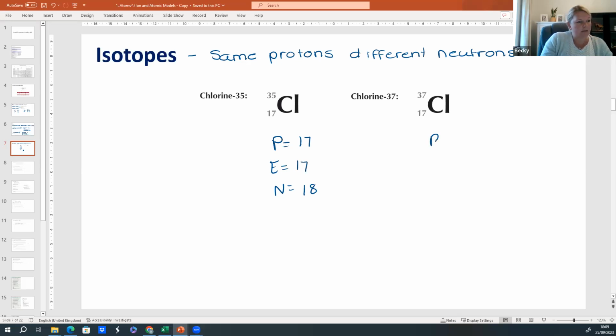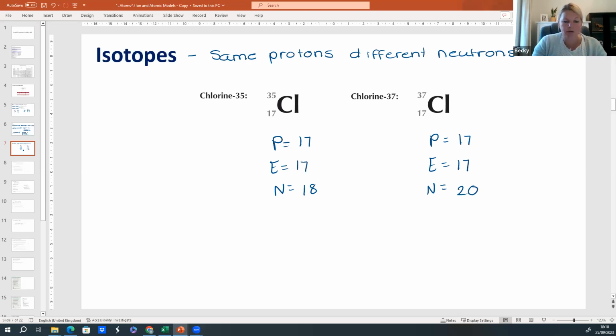And if we repeat the same process, still got 17 protons, 17 electrons. So our element doesn't change because we've got the same protons. However, this time, because we're 37, we've got 20 neutrons.